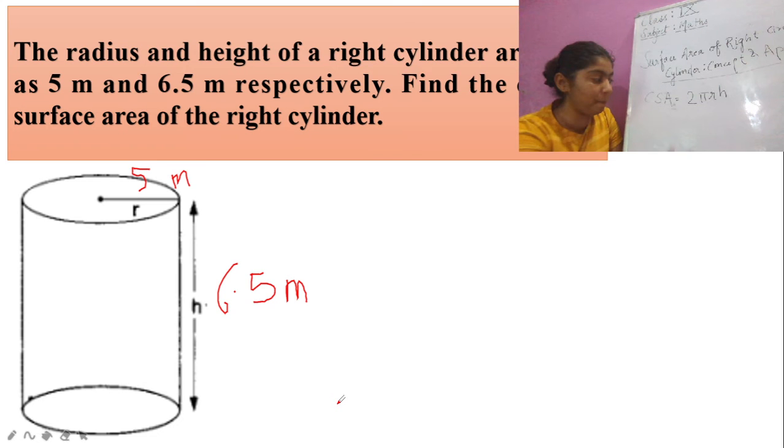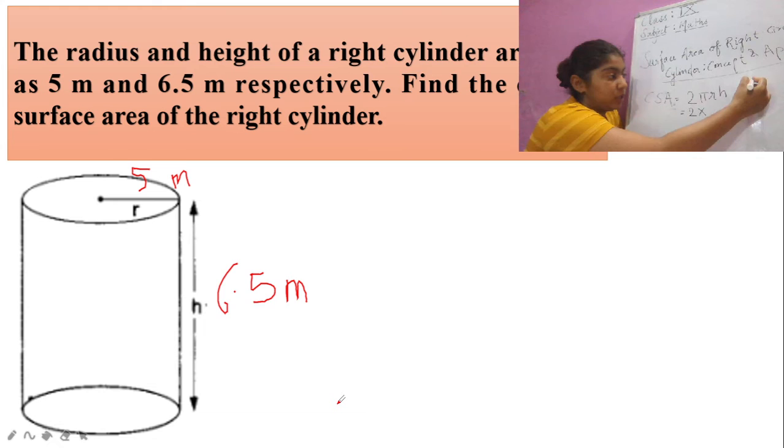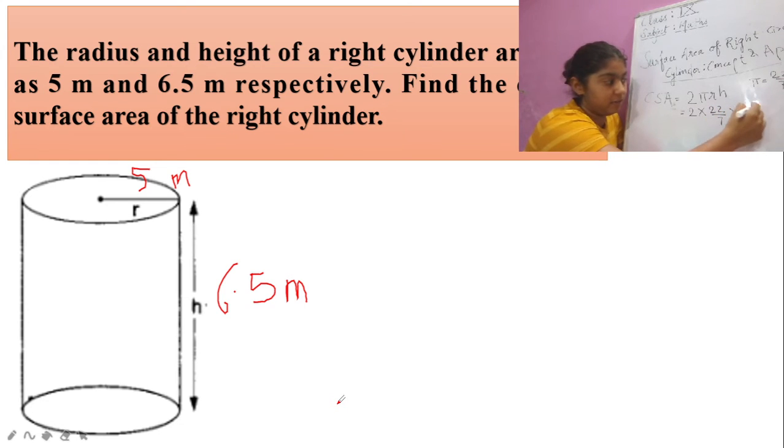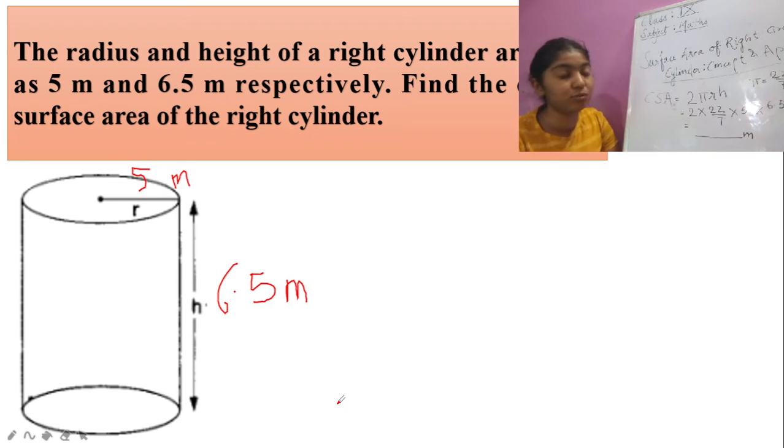We know that the value of pi is 22/7. So we will use this value here, and r we have 5 and h we have 6.5. So students, please calculate the answer. After calculating, you have to write down the answer with units, right? So what is the unit for the curved surface area?